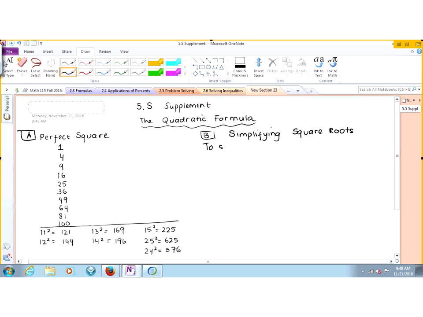To simplify square roots, factor out the largest perfect square from the radicand.